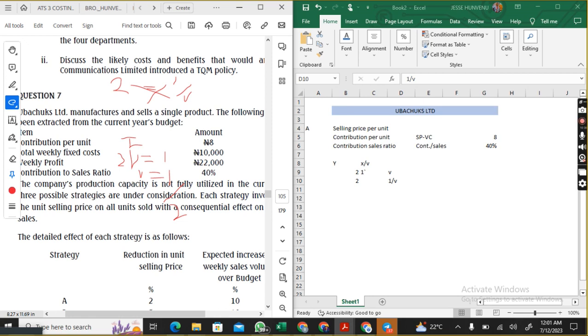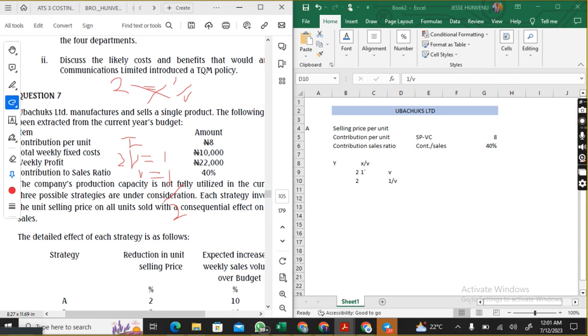Now let's assume that this 2 here is our contribution sales ratio, and our 1 here is our contribution per unit, and our V here is our sales. To get our contribution ratio, you divide contribution per unit by sales, to get your contribution sales ratio.